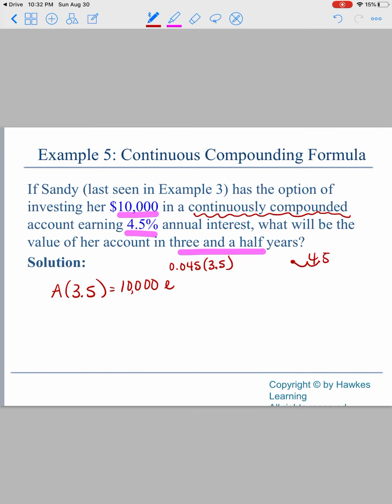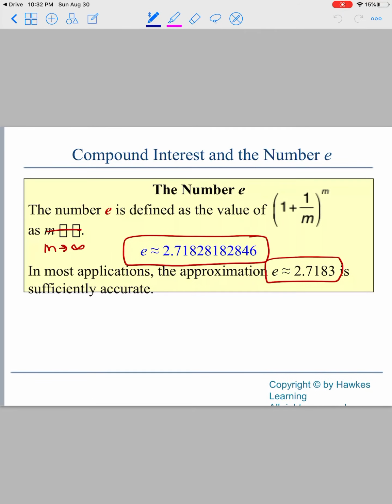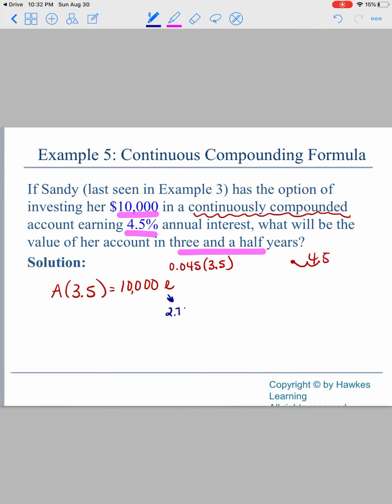And then you can plug all this into your calculator. Remember, when you plug all this into your calculator, some calculators have the button E and you can use them, or you can put in the 2.7183. Does not matter. You're going to type all of that into your calculator.